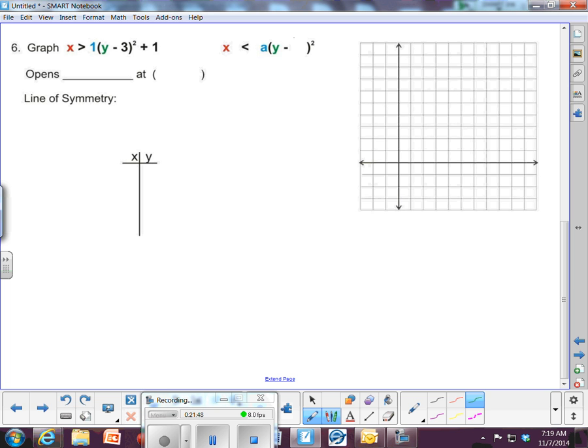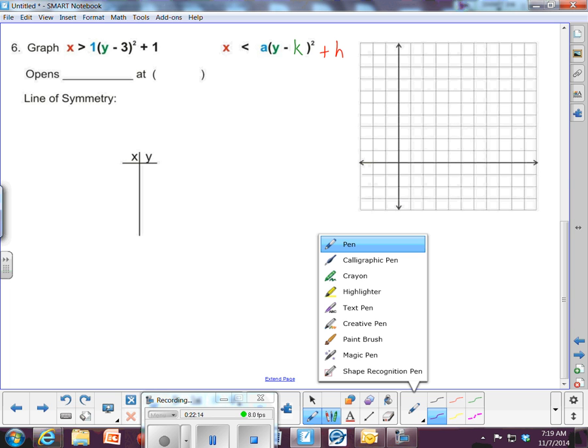Now this, look, y is the vertical coordinate, and k is the vertical coordinate, and we want k with the y. And in this case now, the h is going to be outside. There is our general form.